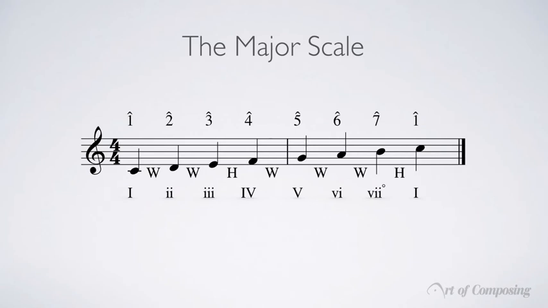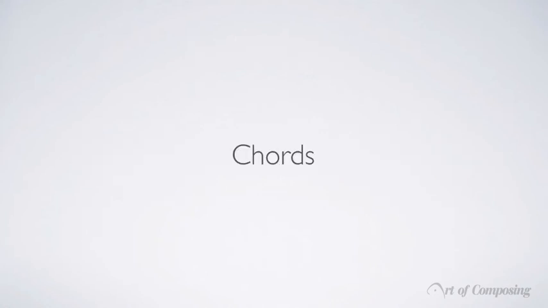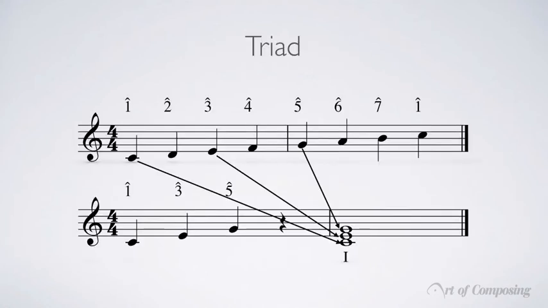Okay, so we've seen the scale, and now let's talk about chords. Now chords come from the scale, and the most basic type of chord is the triad. A triad is formed by stacking 2 intervals of a third on top of the first note, or whatever note you're starting with. So when I say a third, I'm talking about 2 notes on a scale that are separated by 1 note in between.